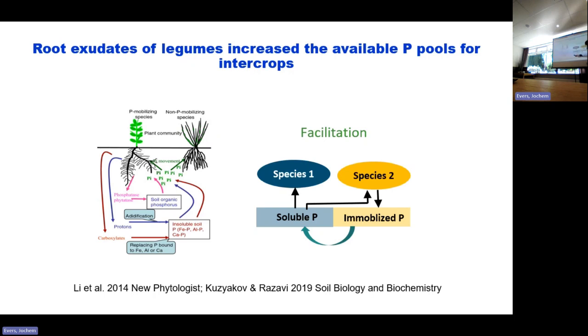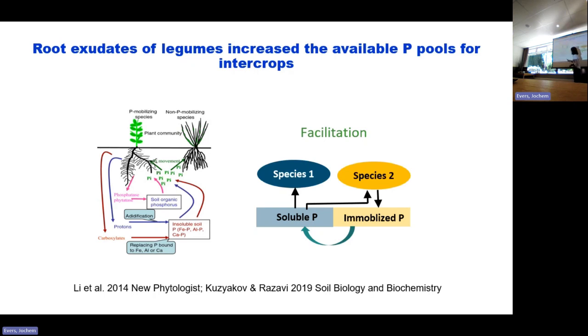The faba bean releases some root exudates like phytase or phosphatase to mobilize organic phosphorus, or releases some protons to acidify the soil, then to mobilize the calcium P. Or the faba bean can release carboxylates to mobilize also the calcium P, the iron P, and the aluminum P. Then all the mobilized P goes to the available P pool.